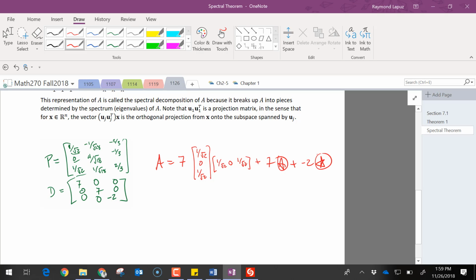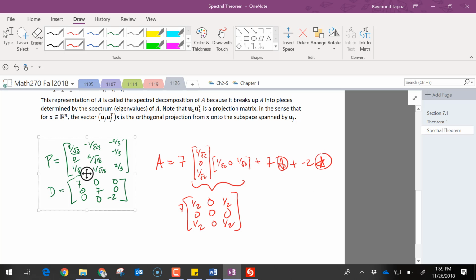So these are outer products, but let me just show you what happens if we take a look at this outer product. It turns out that this is going to be a matrix, right? So the matrix is going to be 1/2 in the first row, first column, then first row, third column, and 0, 0, 0 and 0 elsewhere. It turns out to be a full-blown matrix.